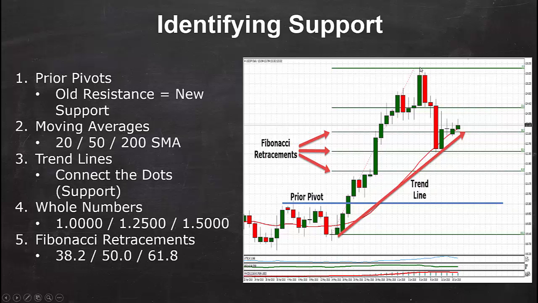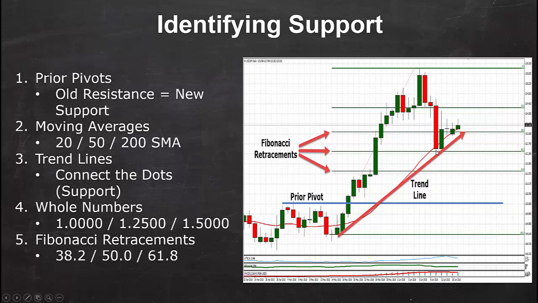So as you can see, this currency, the dollar, because it's a base currency, is retracing back down into a support level right here. Where is that support level? It's right at the 20-period moving average. It's right at your trend line, and it's right at a 50-period Fibonacci retracement as well. That's what I would call a very powerful level of support.